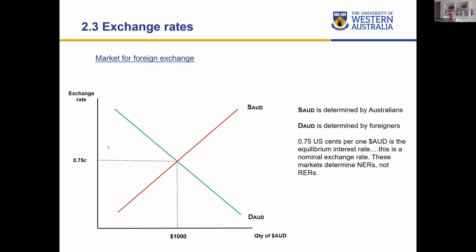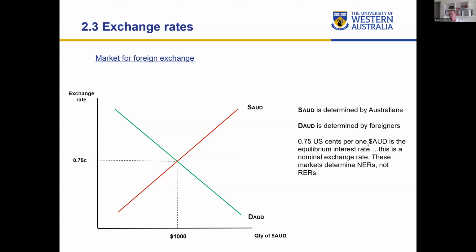So what's the best way to think about that appreciation? An appreciation is just the term we use for an increase in an exchange rate. How do you think about that appreciation from 0.75 up to say 0.9 as an increase in the price of the Australian dollar? It's quite easy.